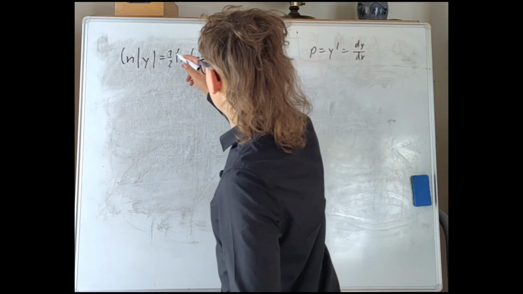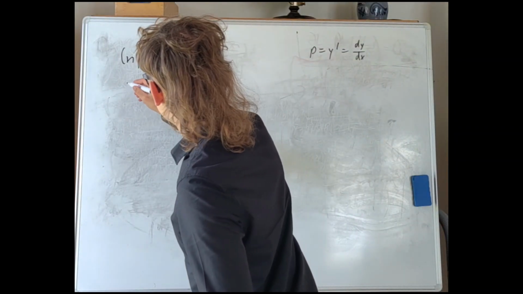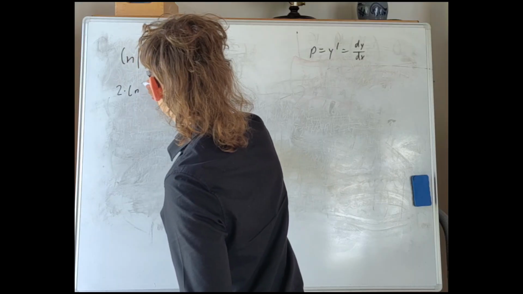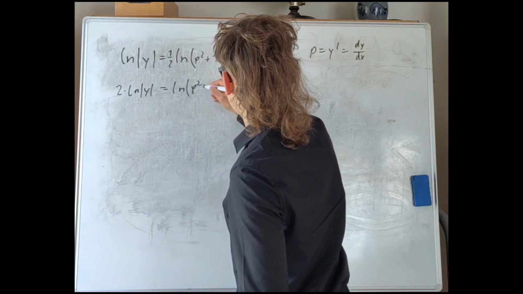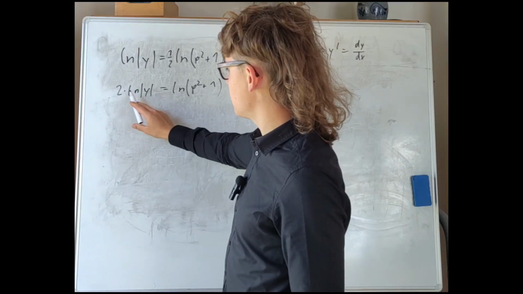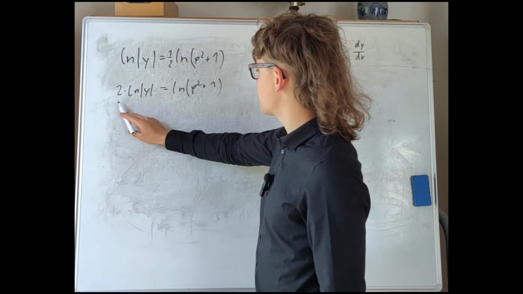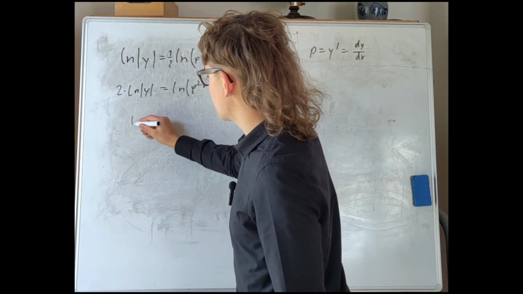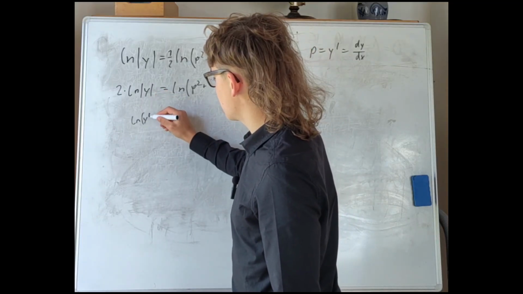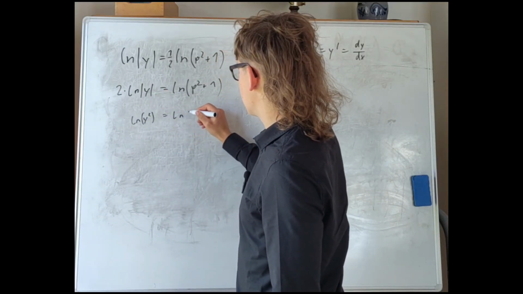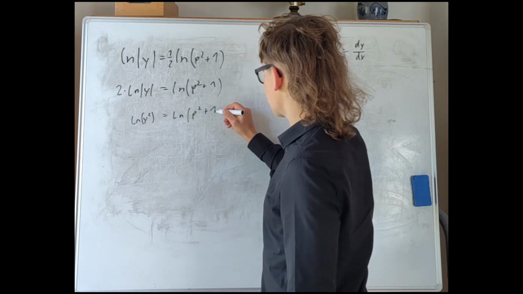Okay, so we'll multiply both sides by 2, so we get 2 times the ln of the absolute value of y is equal to the ln of p squared plus 1. But now because that's a 2 and we have an ln here, we can just put it at the exponent, so we get ln, and now we don't need the absolute value anymore, so that's ln y squared is equal to ln of p squared plus 1.